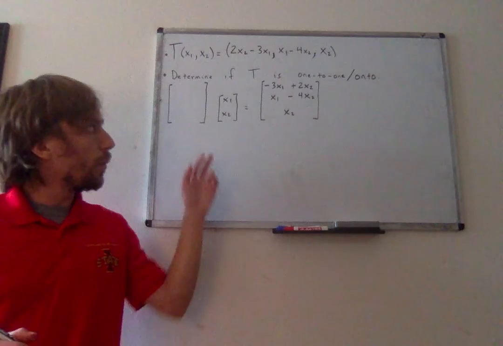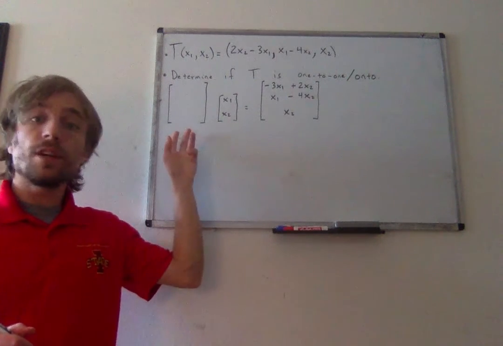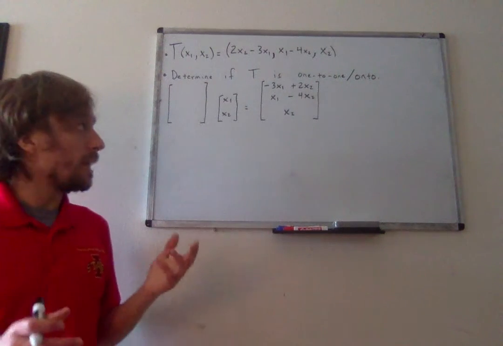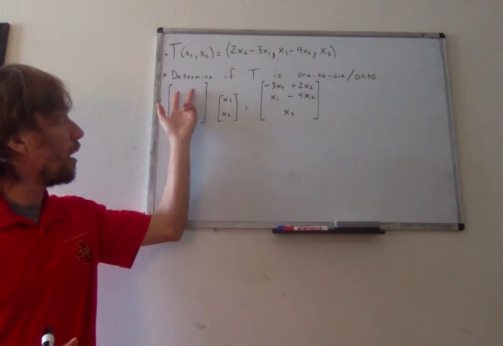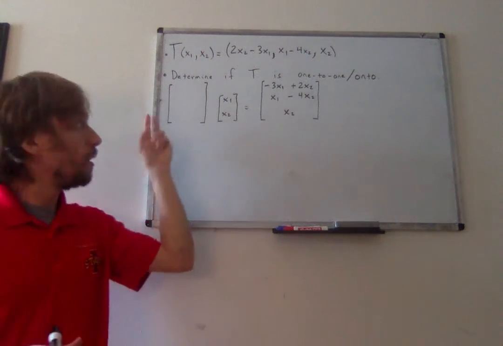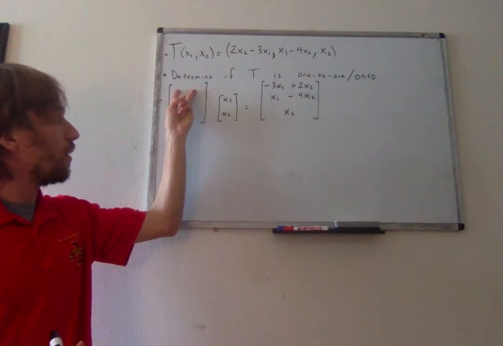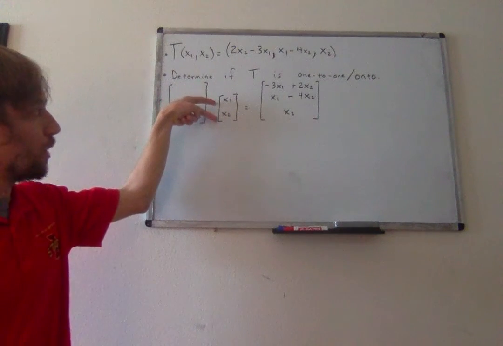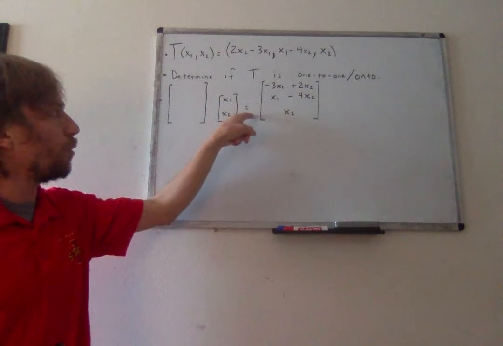When we look at it like this, figuring this matrix out definitely becomes easier. Because remember, I should be able to take this 3 by 2 matrix, and every row should match up with x1 and x2 to give me a new row of my vector.